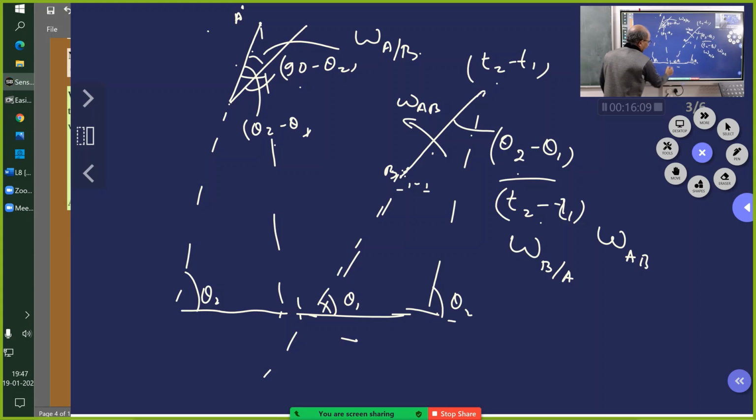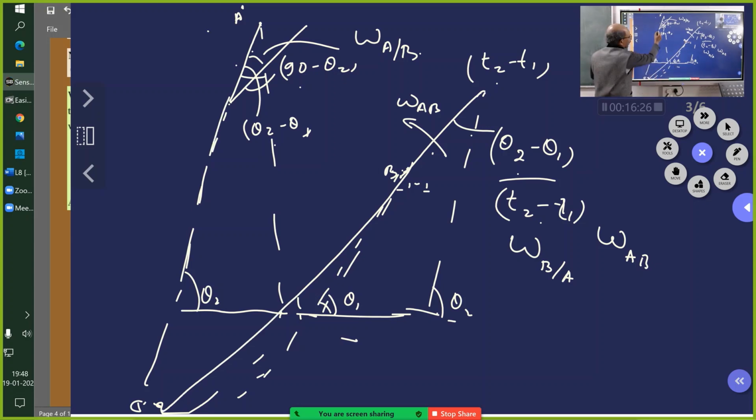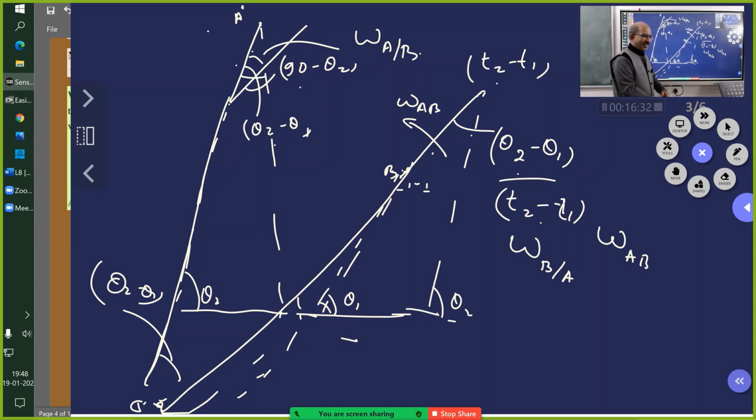You take this line and this line, and both of them are going to meet here at O, a common reference. So with respect to this reference, this line has moved by theta 2 minus theta 1. So this angle will be theta 2 minus theta 1, and in the same way this is equal to omega again.